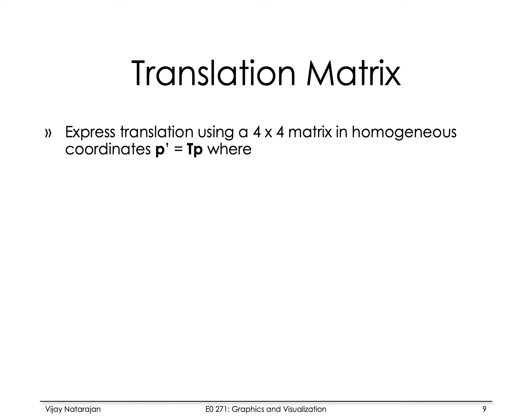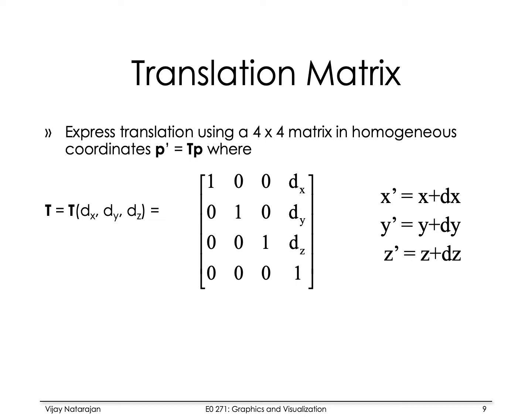What we want is to model translation as a matrix multiplication, particularly using a multiplication by a 4x4 matrix. So we want P prime to be written in this form as TP, where T is a matrix. Right? So this is what the translation matrix looks like.